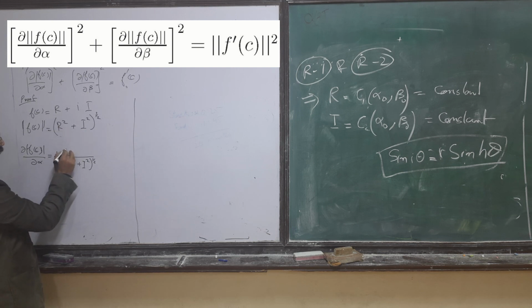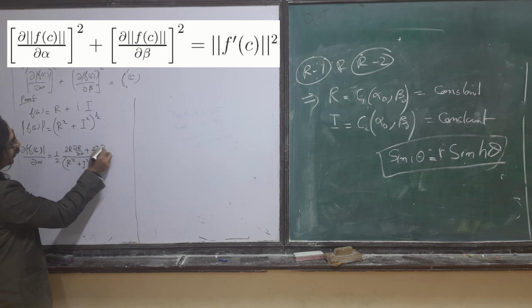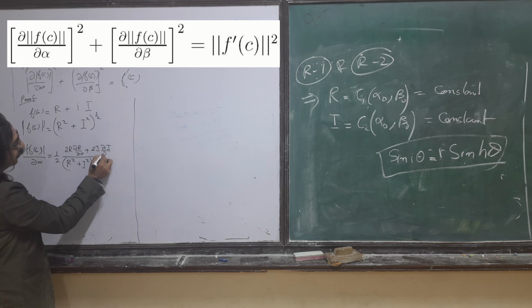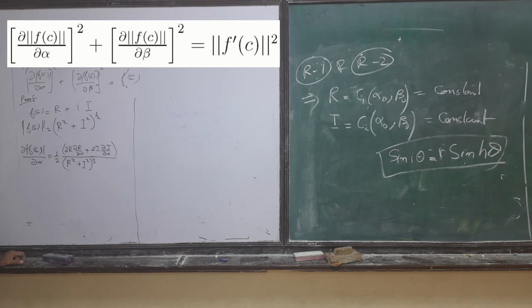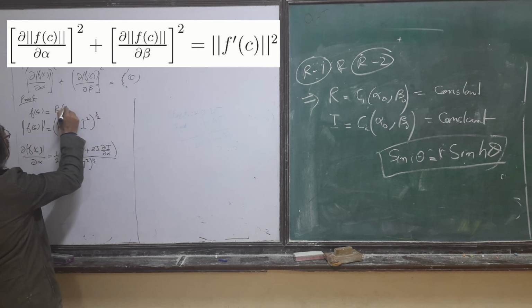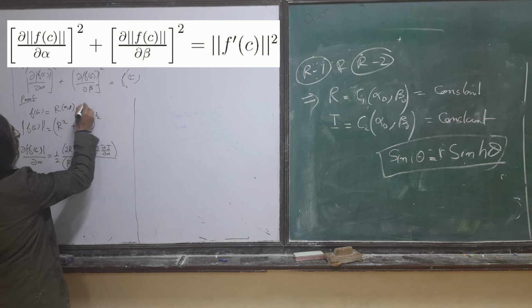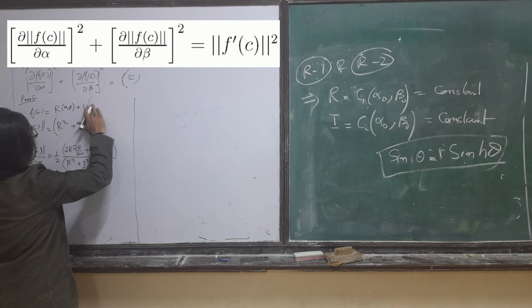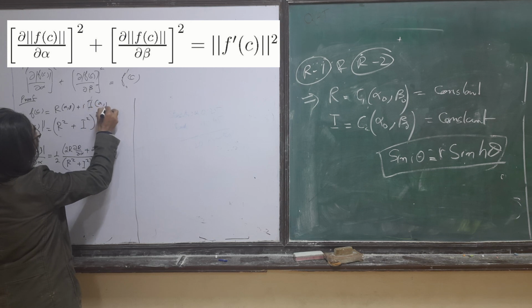When we take the derivative of this, this will be 2R partial R over partial alpha plus 2I partial I over partial alpha. This will be the result, because R is a function of alpha and beta, and I is also a function of alpha and beta.